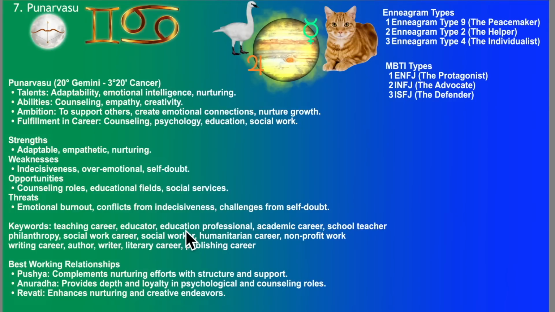Educator, educational professional, academic career, school teacher, teaching young kids: Jupiter teaching Mercury. Philanthropy, social work career, social worker, humanitarian career, non-profit work, writing career, author, writer, literary career, publishing career.